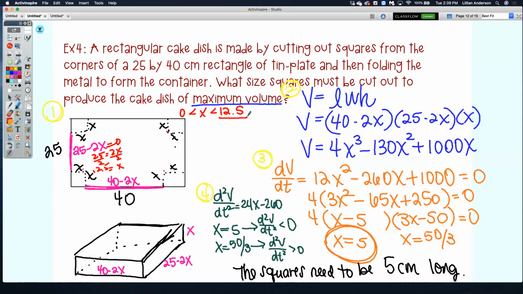But that's when you would want to check your endpoints before you decide if 5 is going to be your final answer. You would plug that into your volume formula to see if that produces the maximum or if it's actually going to be 5 that produces the maximum. We didn't check here because it wasn't equal to 12.5, so that wasn't going to be the maximum.